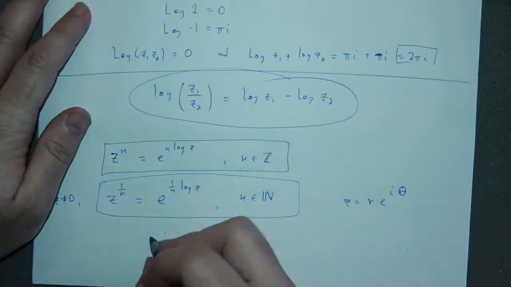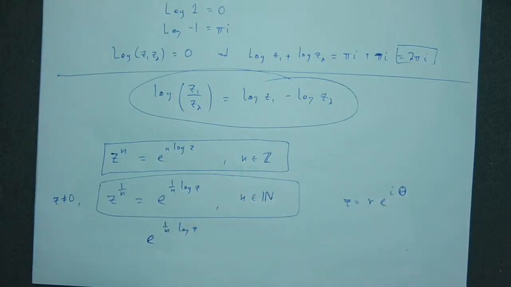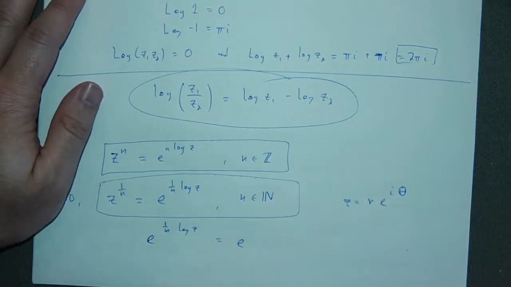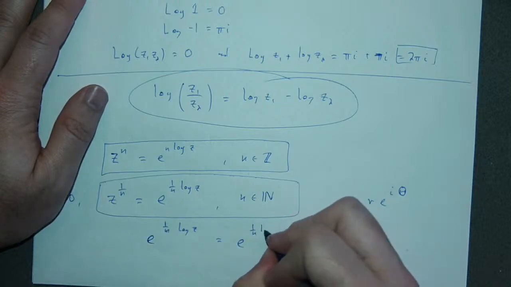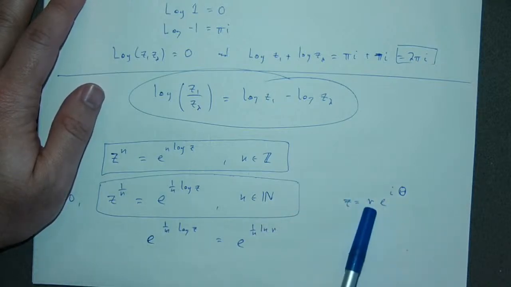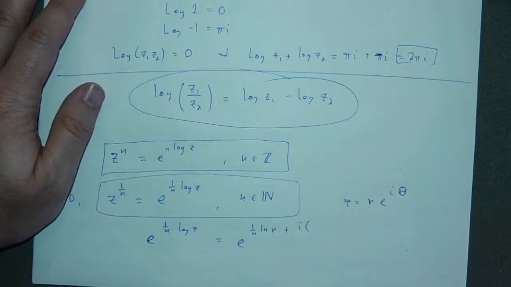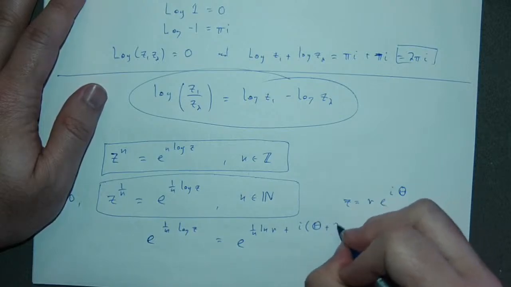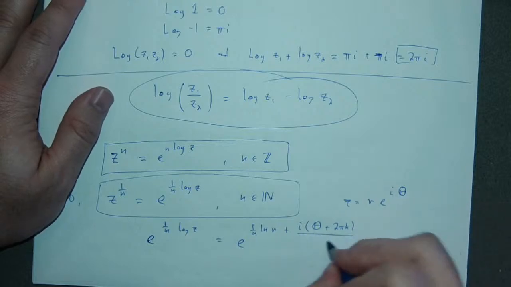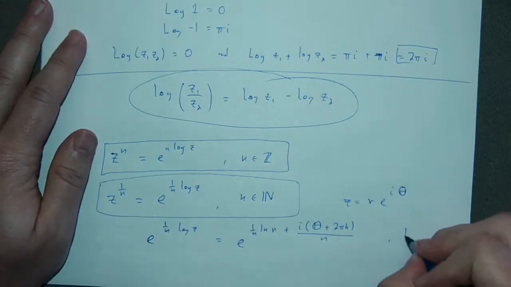Well then, what is e to the 1 over n log z? Well, this is e to the 1 over n times the natural log of r, the modulus of z, plus i times capital theta plus 2 pi k, all over n, or times 1 over n, where k is some integer.